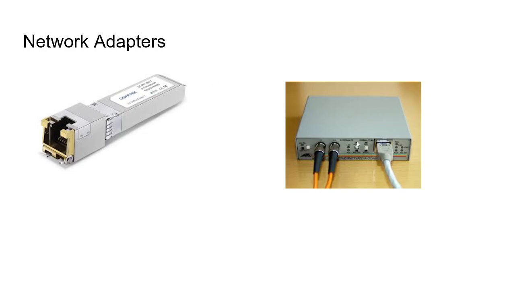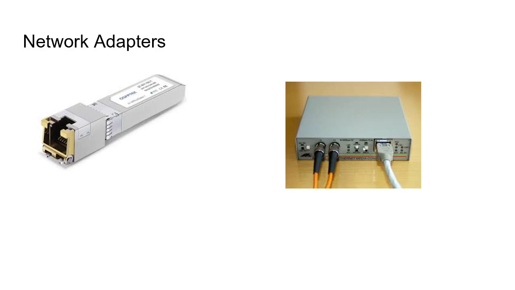Now, this is a media converter right here. As we see here, we have one fiber optic cable with two different ends, and we have an Ethernet cable. So let's say you wanted to convert media between a fiber optic and an Ethernet cable. You would plug the fiber optic into the network adapter, and you'd also plug the Ethernet cable into the adapter.